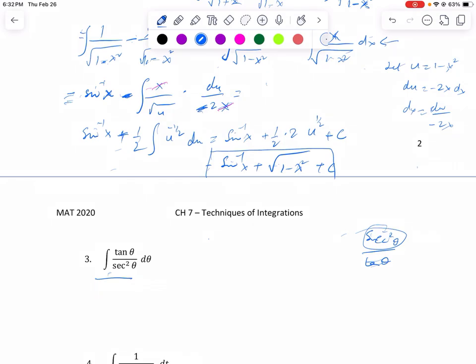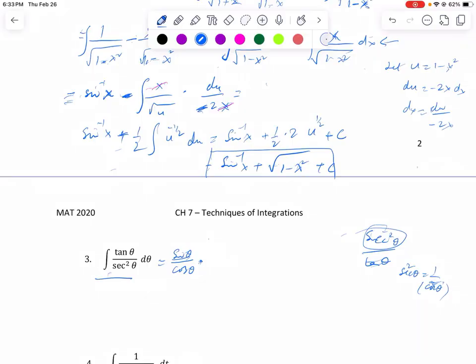So what do we do? The other thing which we should have thought of first is to simplify. We can convert everything into sine and cosine. Remember, tangent theta is sine theta over cosine theta, and secant theta is 1 over cosine theta. So secant squared theta will be 1 over cosine squared theta. When you divide two fractions, the first stays as it is, the second gets multiplied and reversed.